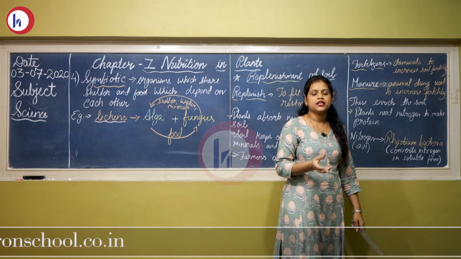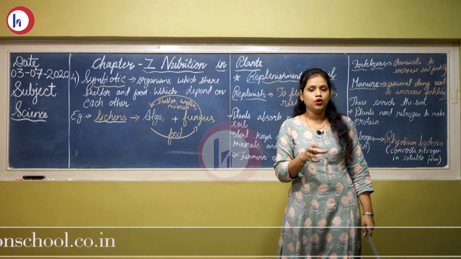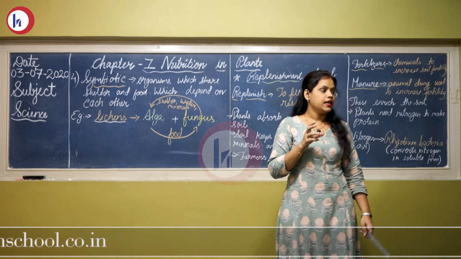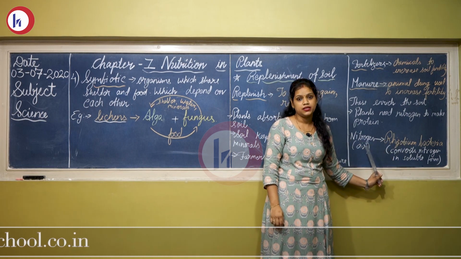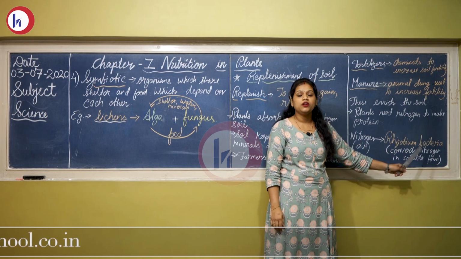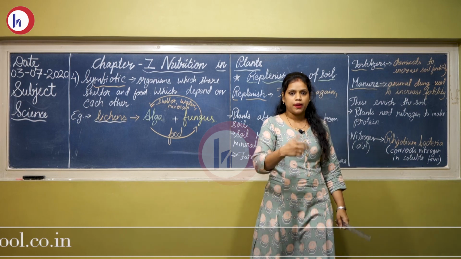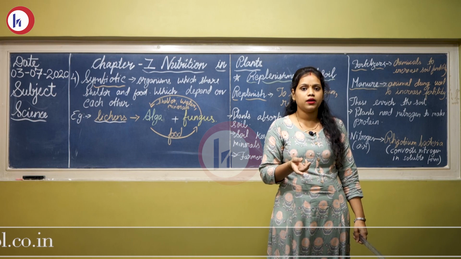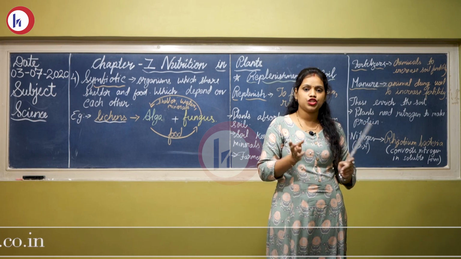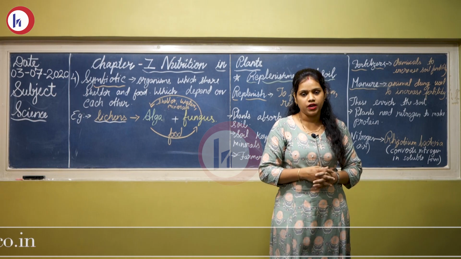Rhizobium bacteria depend for food on leguminous plants, and in return Rhizobium bacteria convert the nitrogen present in the air into a soluble form for the plants to absorb. So the plant and the Rhizobium bacteria also share a symbiotic relationship.